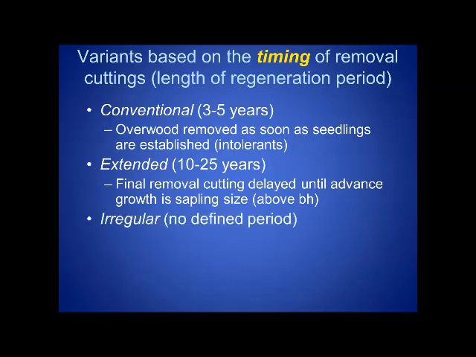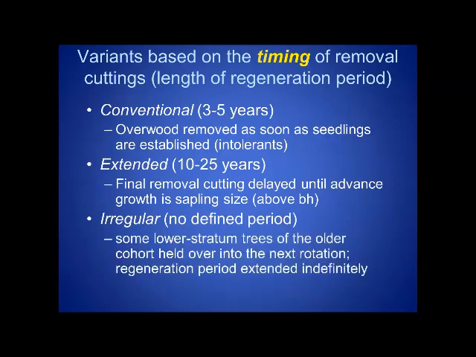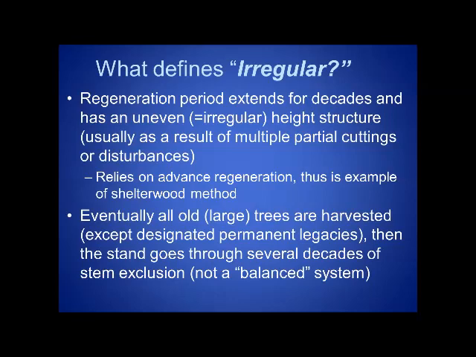And then finally, the subject of today is irregular Shelterwood, where historically there's been no defined regeneration period. Really, you keep some of the trees from the lower stratum and the old cohort held over into the next rotation, and that extends the regeneration period indefinitely in some cases. What defines irregular?